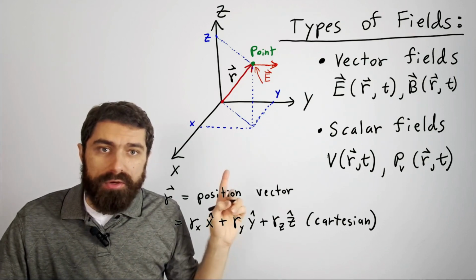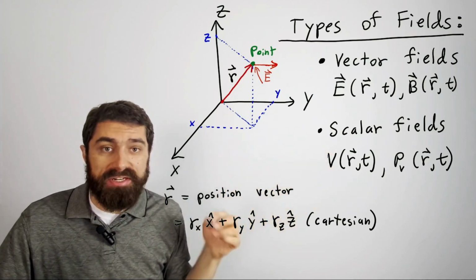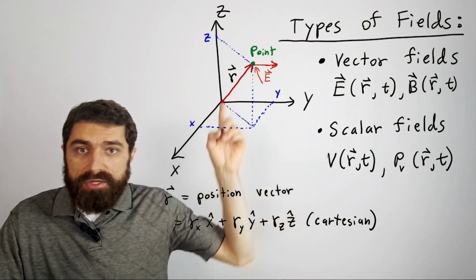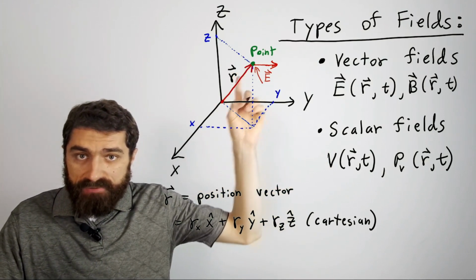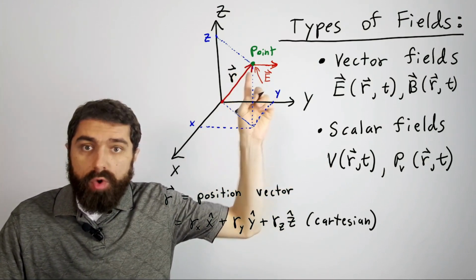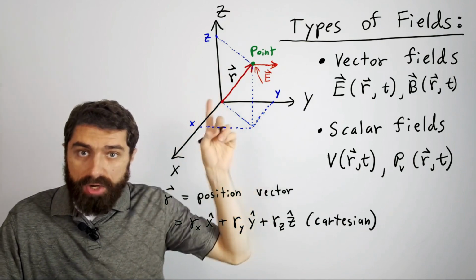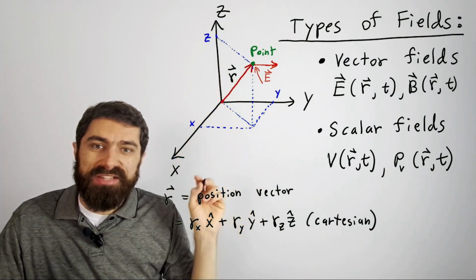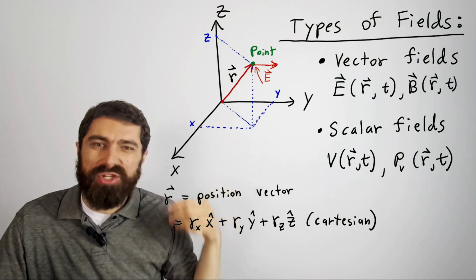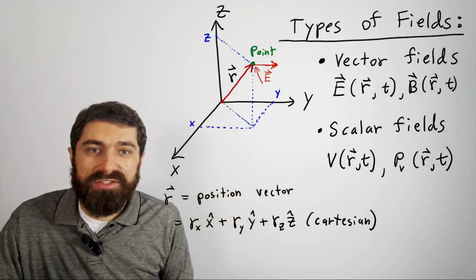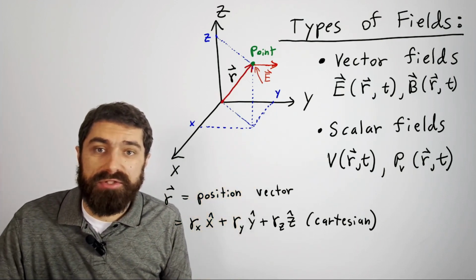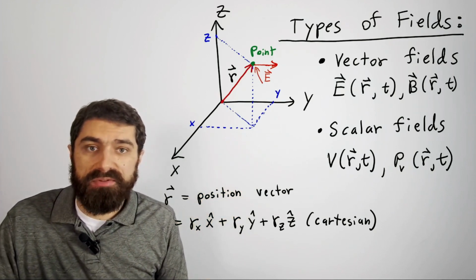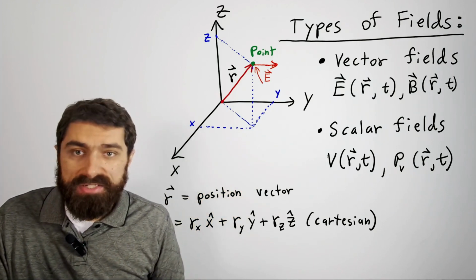Now there's also the scalar field, and a scalar field is where you have a function or quantity that's a function of the r vector here, the position in the coordinate system, except it's not a vector, it just has a magnitude. That's called a scalar field, and later in this course we will be dealing with some scalar field quantities.